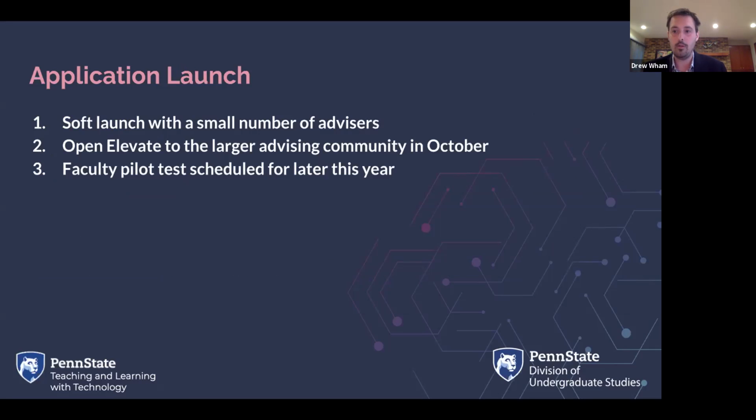We are now working to move beyond that cohort, opening it up to advising offices around the campus. We're doing that through October, and by the middle of October, nearing the late drop periods at Penn State, we are looking to put this in the hands of an even wider audience, and perhaps even faculty towards the end of the year.